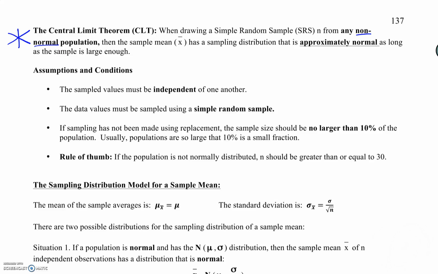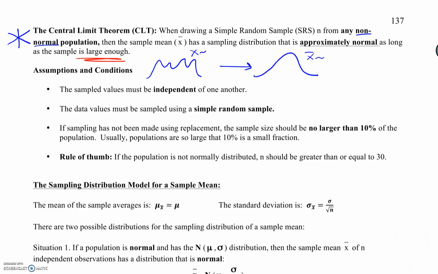So it doesn't matter what we start with. Even if we start with something like on the first page where it's all crazy, it will become normal if we're talking about the sample mean versus the actual observations, as long as our n is big enough. That large enough is something we will chat about in a second.